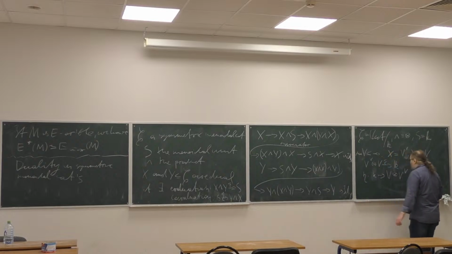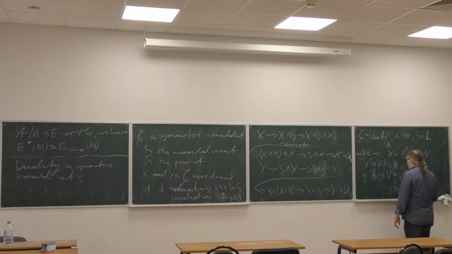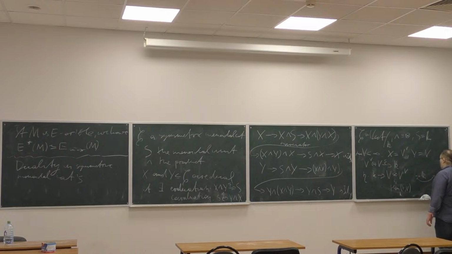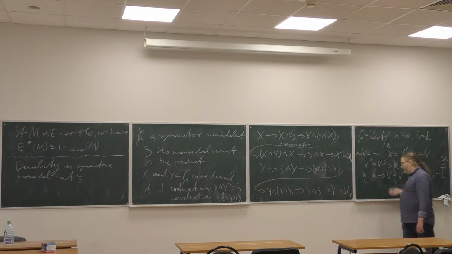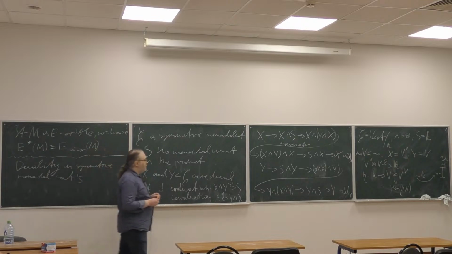V tensor V dual is isomorphic to Hom(V, V), and we can indeed take x in K to x times the identity matrix, and there we are.